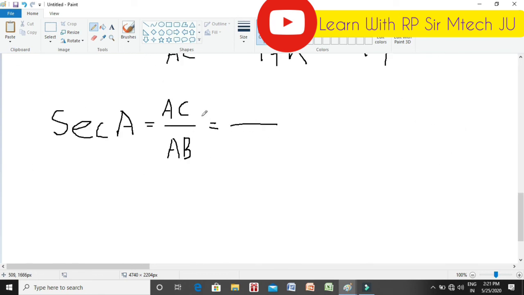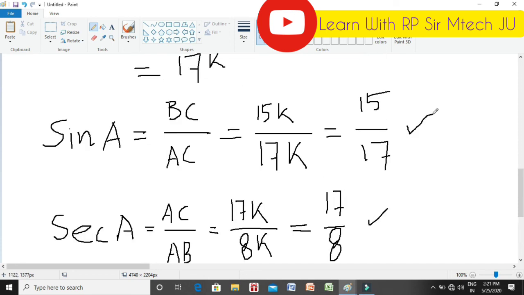So 17k divided by 8k, so the final value is 17 by 8. So this is sine A, 15 by 17, and sec A is 17 by 8.